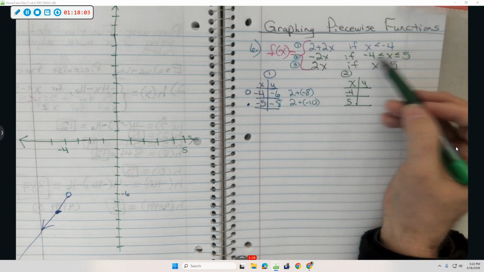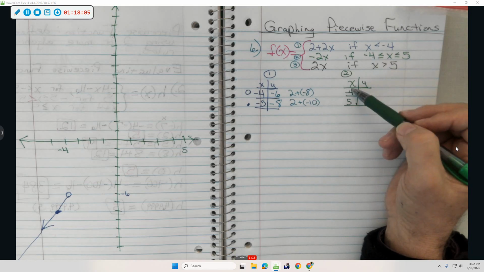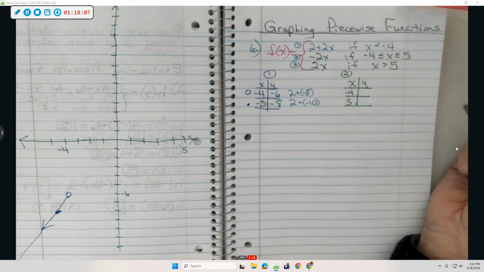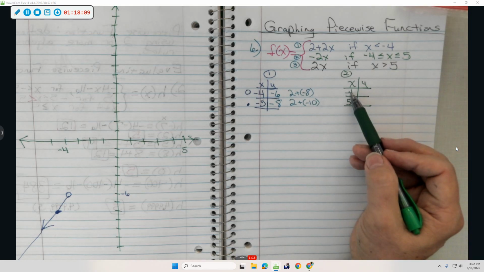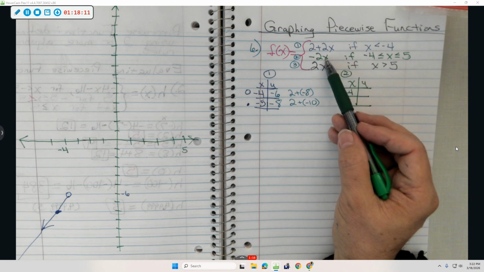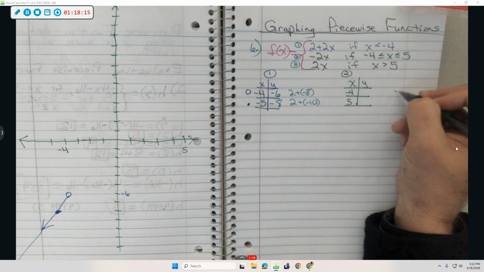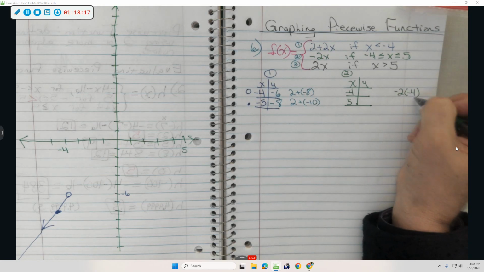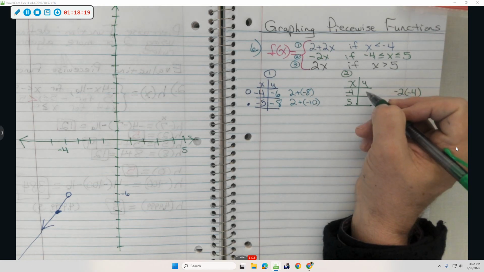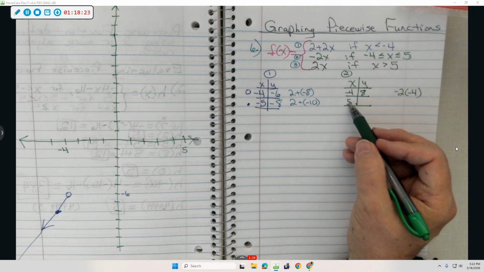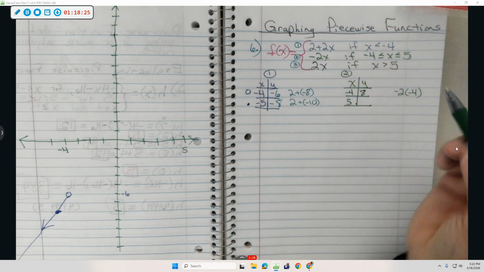There's no free will here. You already know. You've got to use -4, you've got to use +5. Plug -4 into that middle piece: -2 times -4. What is that giving me for y? +8. Plugging in +5: -2 times 5.